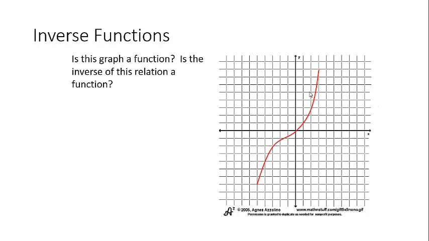Is this a function? Yes, this is a function because it passes the vertical line test. Now, will the inverse of this function also be a function? For that, we do the horizontal line test. If I go across and do the horizontal line test, notice that it only touches the function once every time.